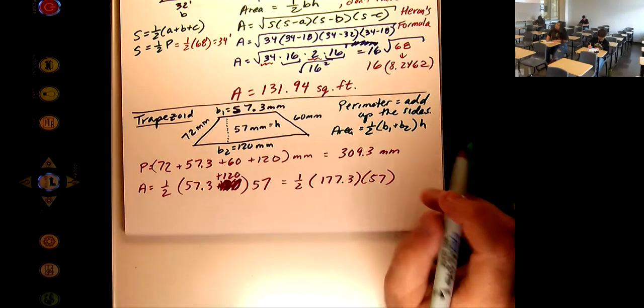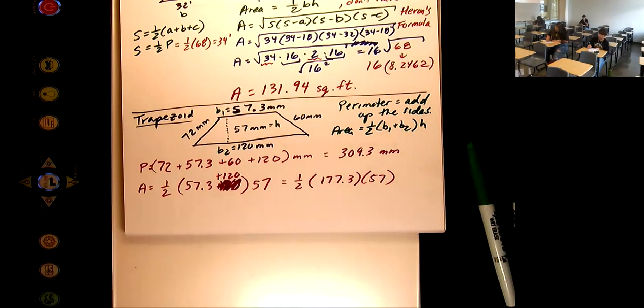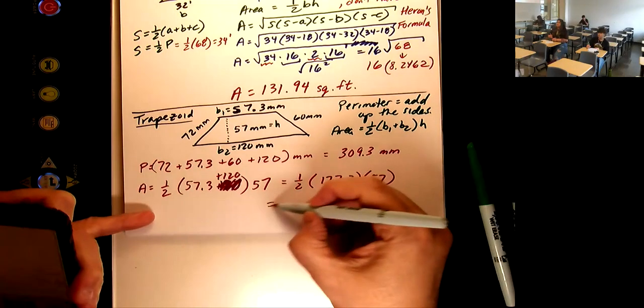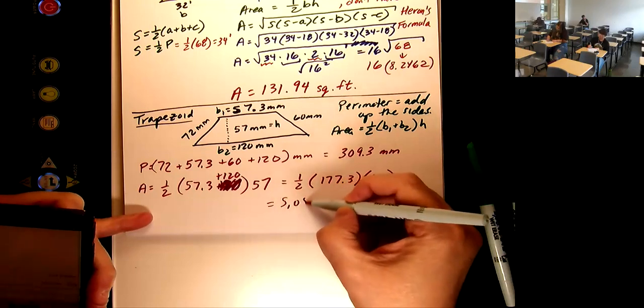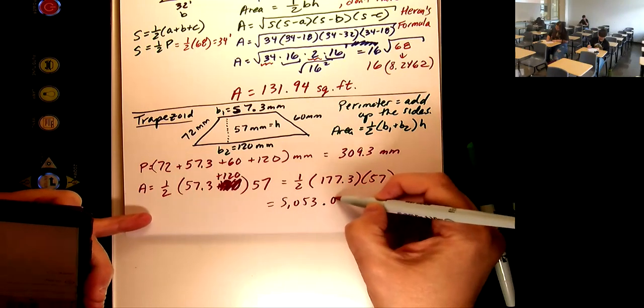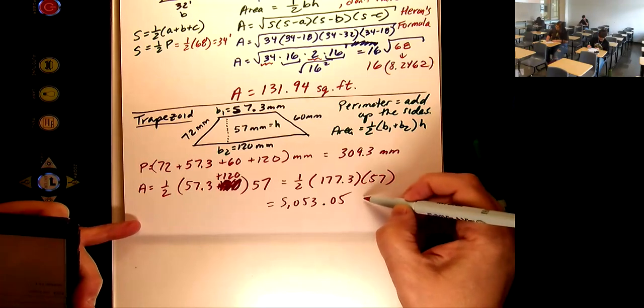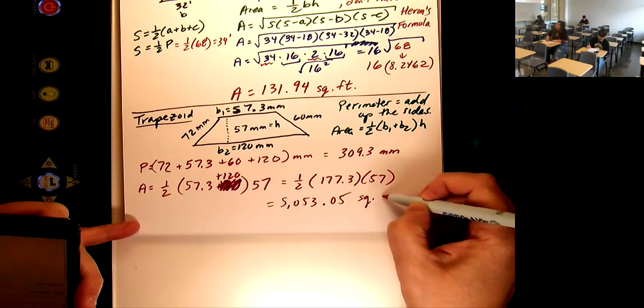And I ain't doing that in my head. So 177.3 times 57 divided by 2. I am getting 5,053.05. And I guess we're going with square millimeters.